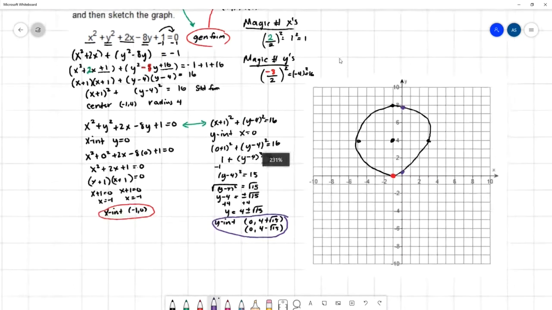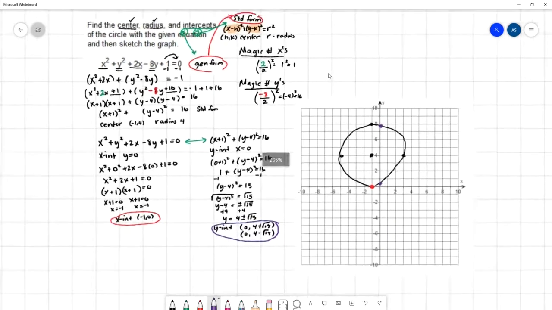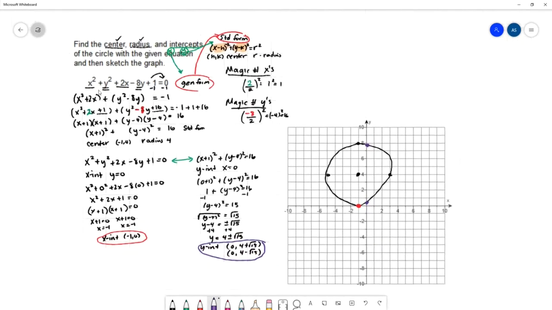So let me zoom out so you can see all the work that we did. We started off with an equation in general form, the general form of a circle. We used completing the square to turn it into standard form of a circle. And once it was in standard form, we were able to identify the center and the radius of the circle.